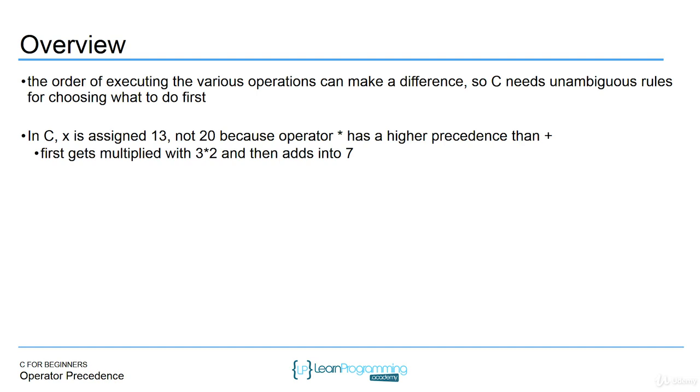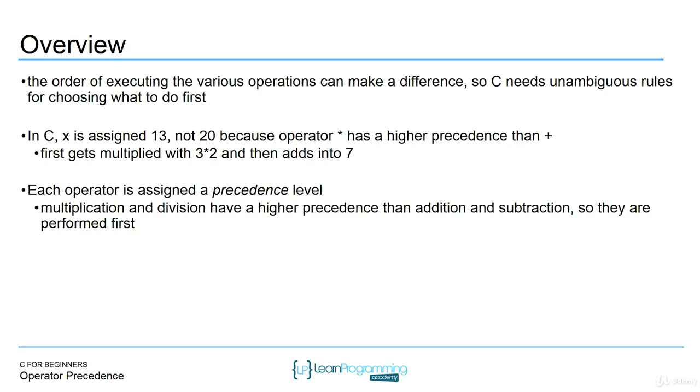You see the pause there. Now C is going to do the latter. It's going to do the multiplication first because that has higher precedence. So it's going to do 3 times 2, which is 6, and then add the 7. So the result of x is going to be 13 because the asterisk has higher precedence than the addition.